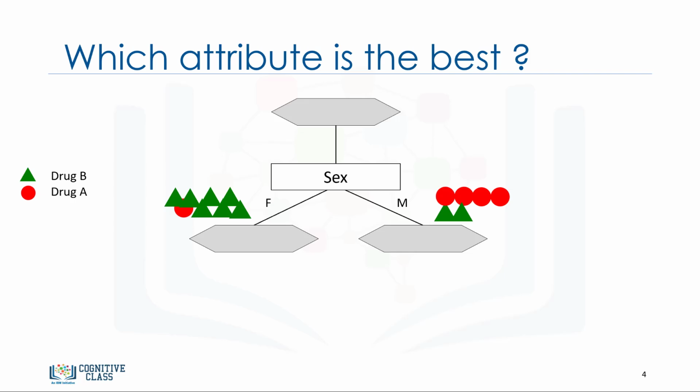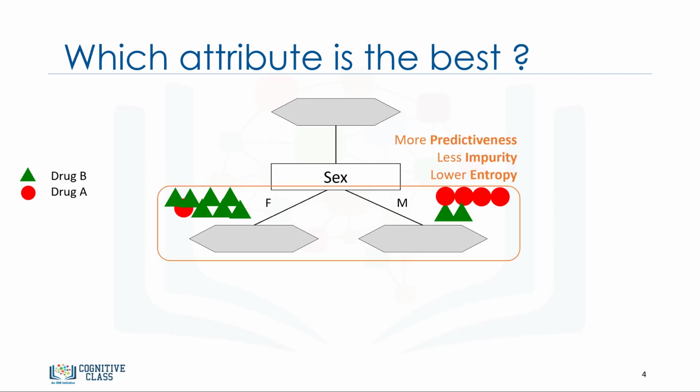However, it is still a better choice in comparison with the cholesterol attribute because the results in the nodes are more pure. It means nodes that are either mostly drug A or drug B. So, we can say the sex attribute is more significant than cholesterol, or in other words, it's more predictive than the other attributes.